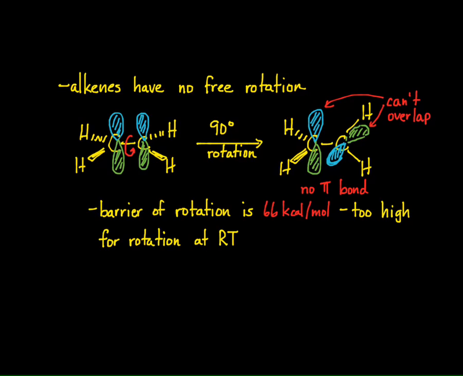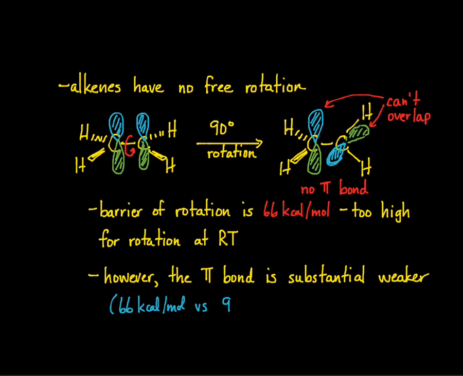Remember, rotation about a carbon-carbon single bond is about 4 kilocalories per mole, so a lot smaller barrier of rotation. And alkanes, basically, they have the freedom of rotation at room temperature. Alkenes do not. Now, the other thing that this tells us is that the pi bond is substantially weaker than a sigma bond.